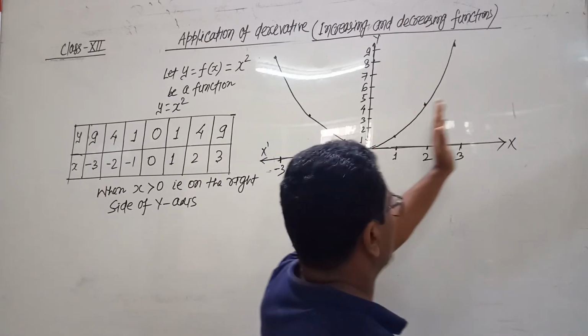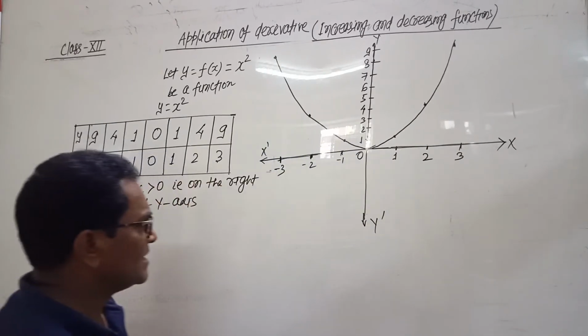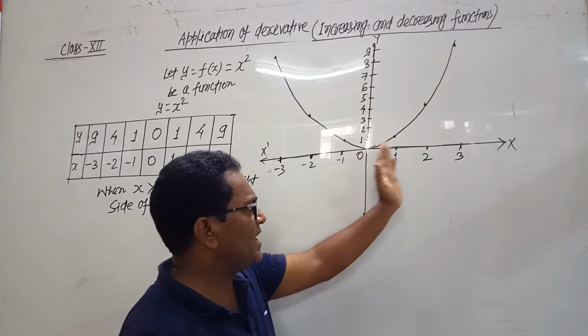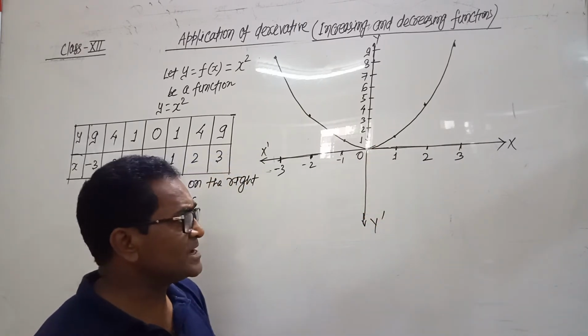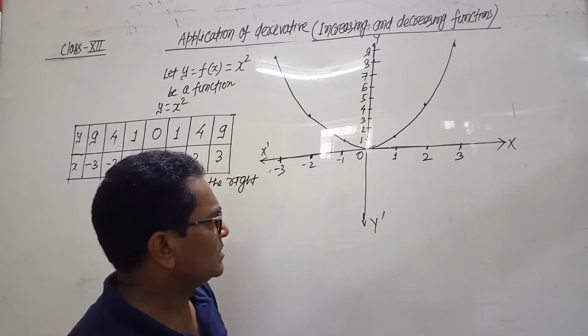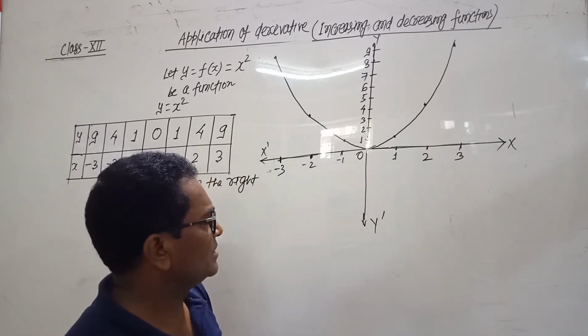When we go from left to right in the region x greater than 0, what conclusion do we get?